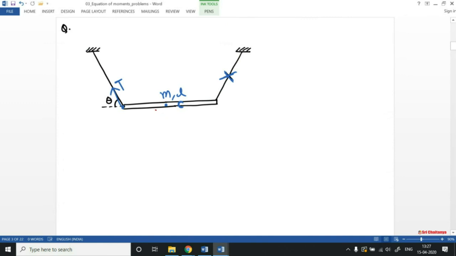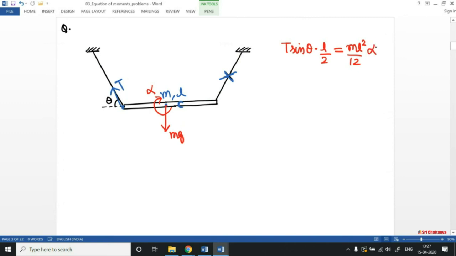So let's say about the center of mass, the angular acceleration is alpha. So we can write the equation of torque over here. The force that is acting is mg, but mg will not be producing any torque here. The torque due to this T we can resolve in two components. The perpendicular component would be T sine theta, and that multiplied with L by 2 would be the torque about the center of mass, and that will be equal to mL square by 12 into alpha.